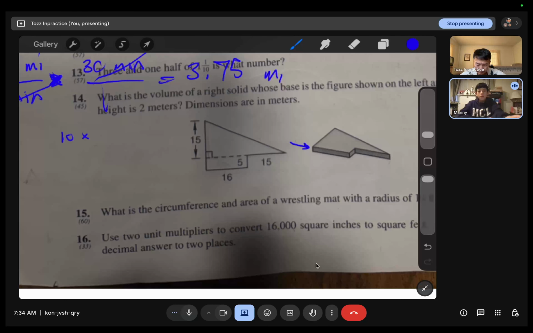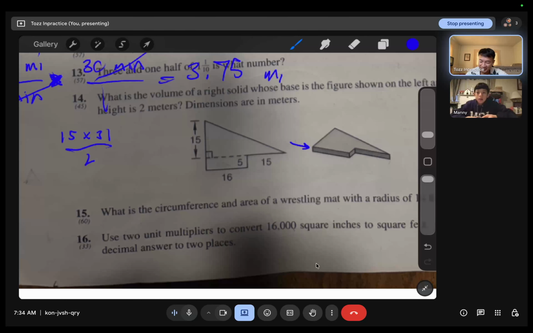So it's 15 times 31 divided by 2, and then for the rectangle it'll be 16 times 5. Then you take those areas and add them, and then you multiply it by 2 meters, and then the answer will be meters cubed.